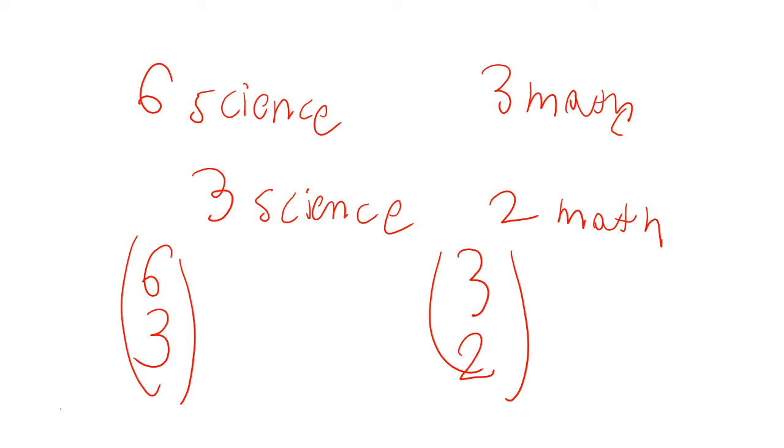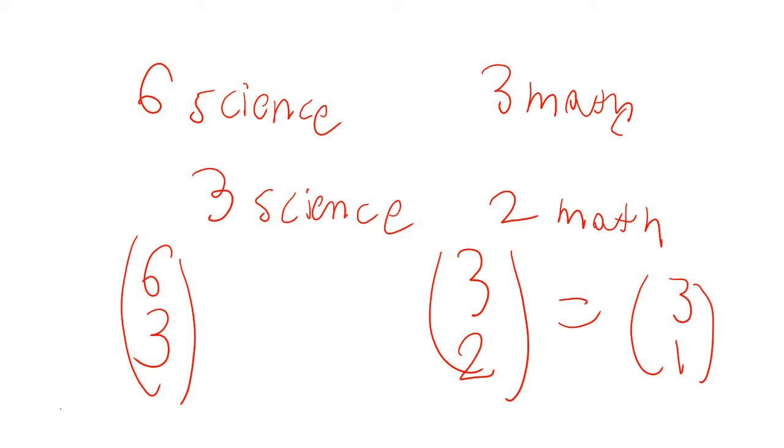We can't really simplify this because 6 minus 3 is 3, and that's just going to be another 6 choose 3. We can, however, simplify this as 3, and then 3 minus 2 is 1, 3 choose 1. So we have 6 choose 3, and we have 3 choose 1.